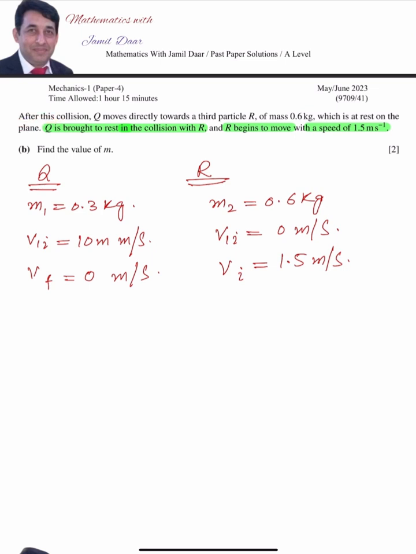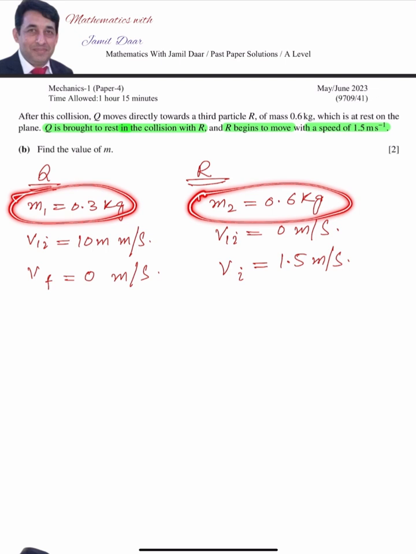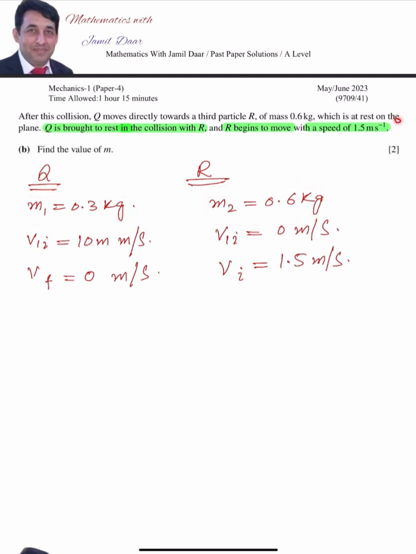After this collision, Q moves directly towards the third particle R. Now they are talking about Q and R. The Q mass is 0.3 kg, and R's mass is 0.6 kg. So M1 is equal to 0.3 kg and M2 is equal to 0.6 kg, which is at rest on the plane. Q is brought to rest in the collision with R.